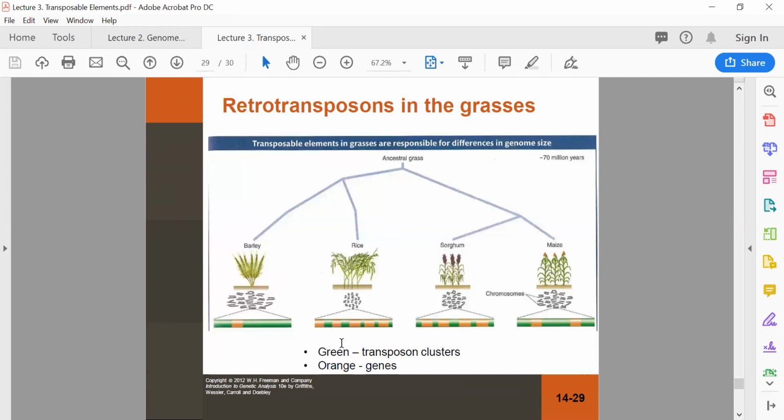So these 4 genomes are actually very similar with respect to gene content and the organisation of the genes, so the different gene regions can be directly compared. In maize and barley, the genes are separated by very, very large regions of transposons.